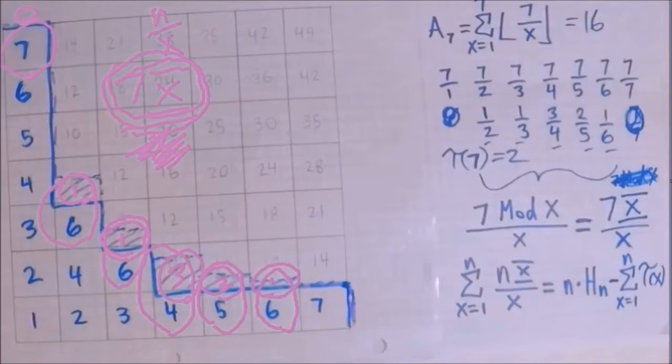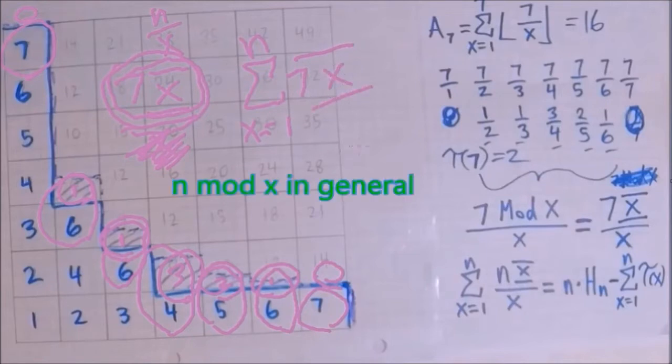So these numbers here, 1, 1, 3, 2, 1, are the sum from x equals 1. We'll go ahead and do the full range, because it's going to be 0 here and 0 here, obviously. But it's basically the sum from x equals 1 to n of 7 mod x.